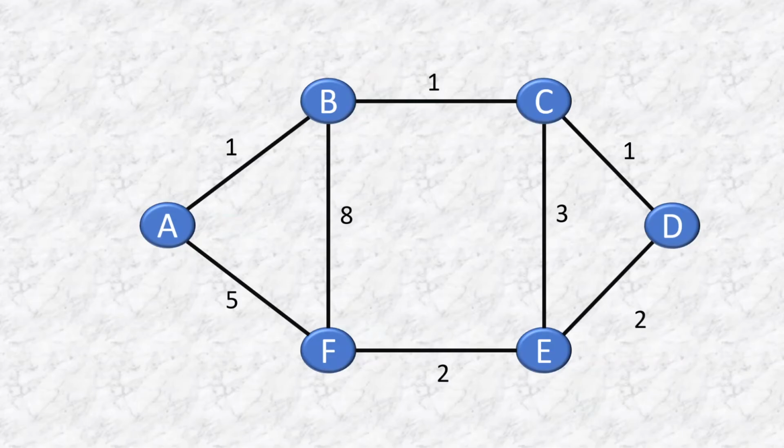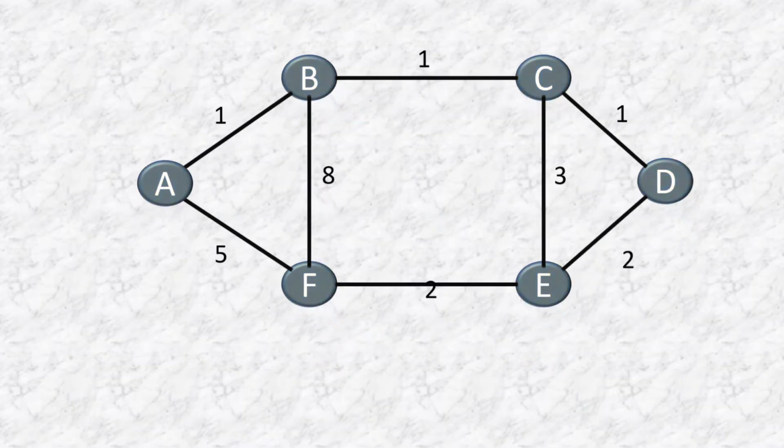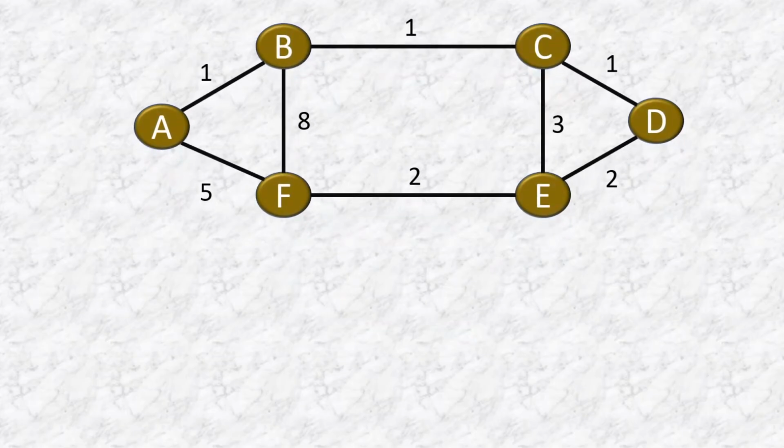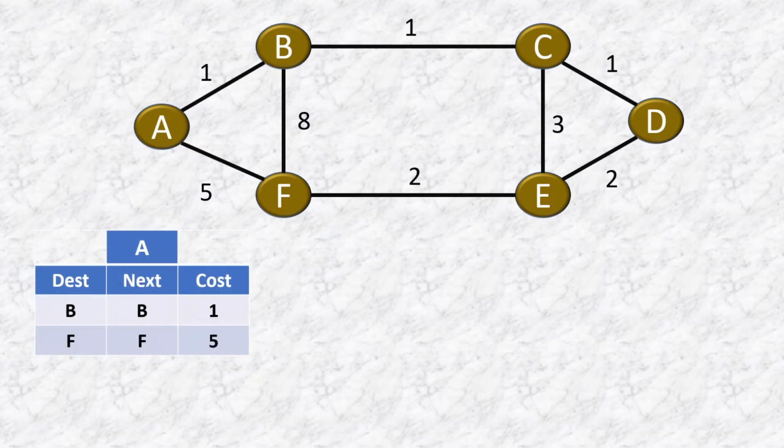For this example of the Bellman-Ford algorithm, we will use the same network that we used earlier to illustrate the Dijkstra algorithm. We need to get some space so that we can move some routing tables in. Remember that for the Bellman-Ford algorithm, there is no overall view of the network.